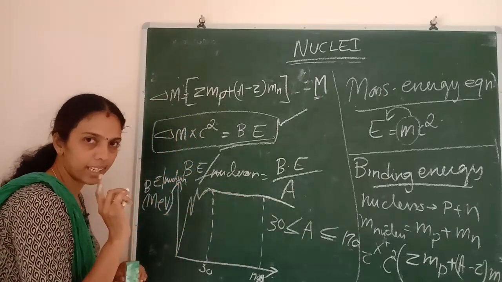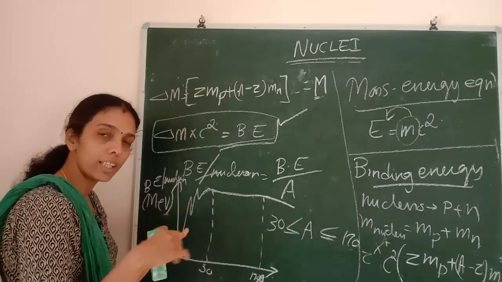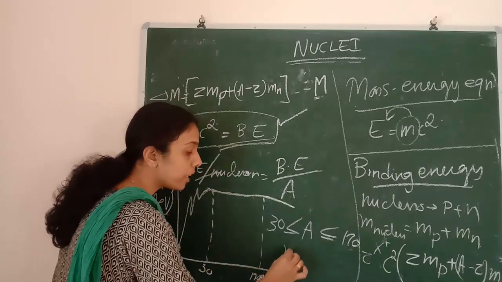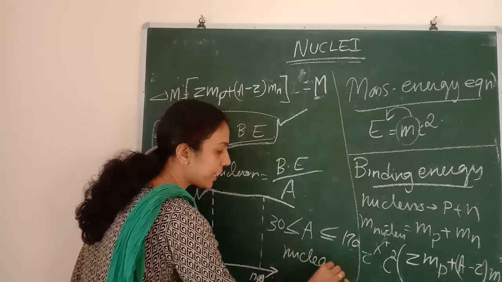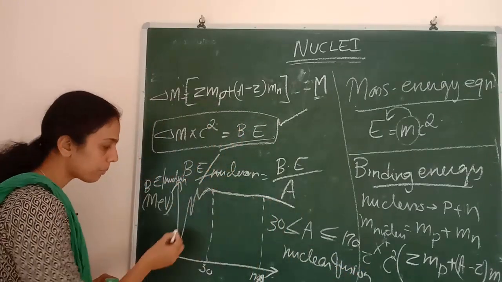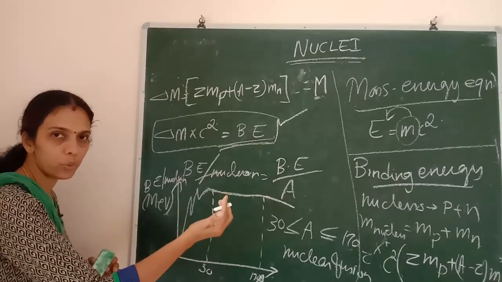So if two atoms are joining together and fusing, forming nuclear fusion, what will happen? Nuclear fusion means smaller atoms combine together to form a heavier nucleus, isn't it?